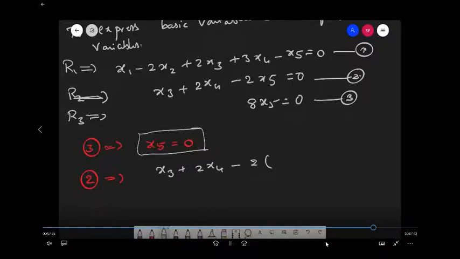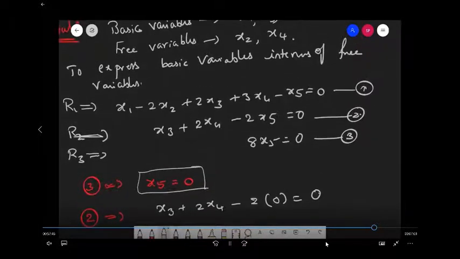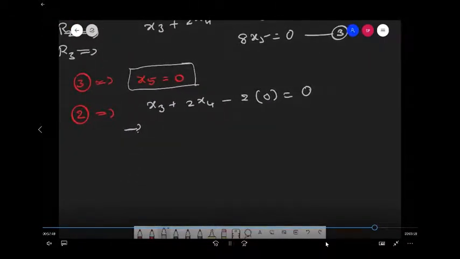So I have x3 plus 2x4 minus 2 into 0 is equal to 0. That implies x3 is a basic variable, x4 is a free variable. So keep x3 on the left hand side, x3 is equal to minus 2x4. So expressing basic variable x3 in terms of free variable x4. That is what we have done here.